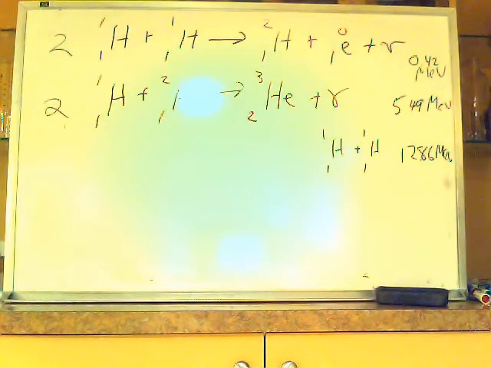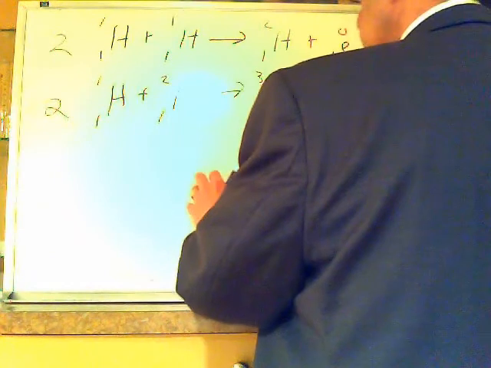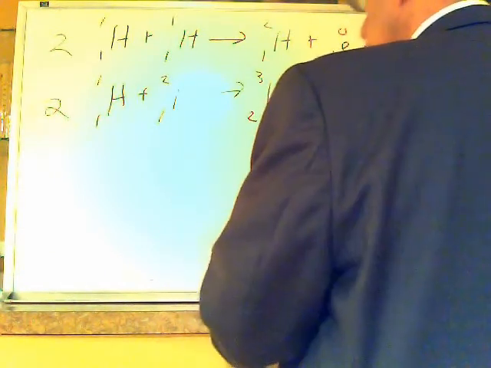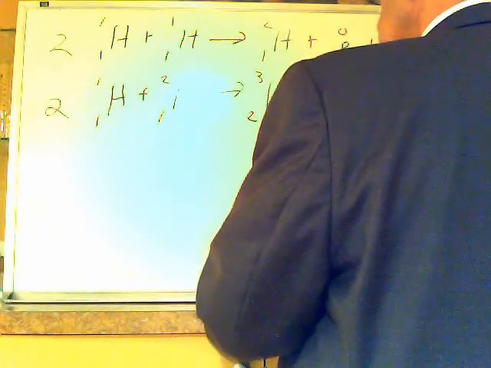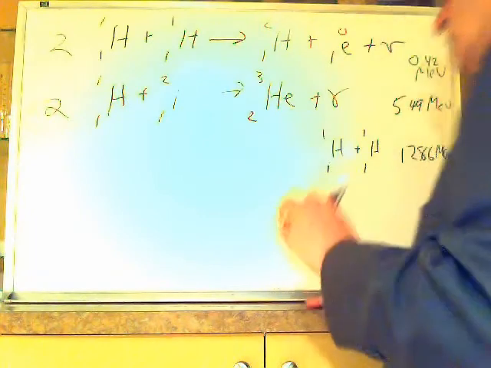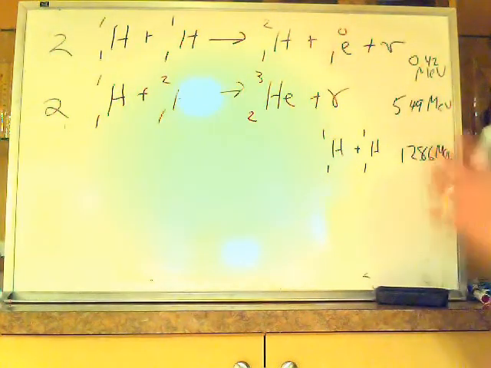Once you get up to iron, the problem is that you can't really absorb any more energy. It turns out that the binding energy of iron is the most stable of all of the nuclei.